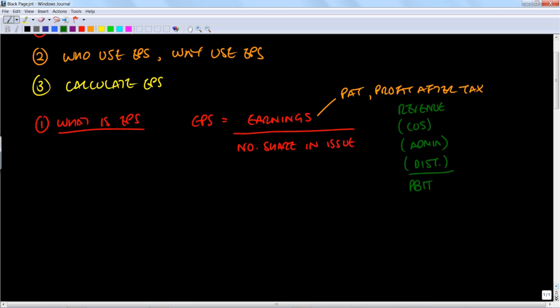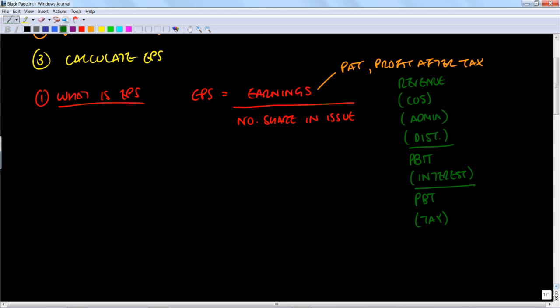Then what will happen is you take off any interest expense that relates to loans, okay, and that gives us profit before tax. And then what we do is we take off any tax that's been paid or has to be paid to the tax authority. That gives us profit after tax, okay, and it is profit after tax that is the earnings figure.